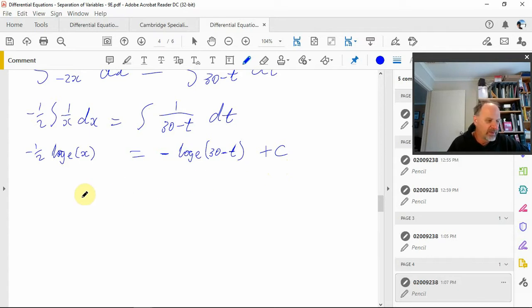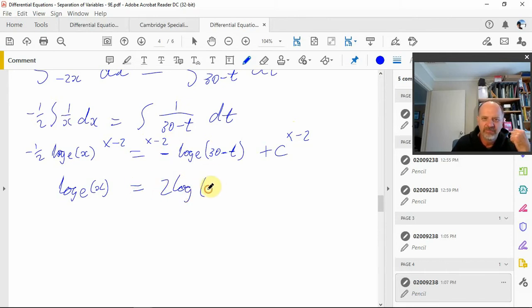All right, so what do we got there now? We've got a bunch of stuff that we can then rearrange. So if I multiply both sides by minus 2, then the log to the base e of x would be equal to 2 log to the base e of 30 minus t.